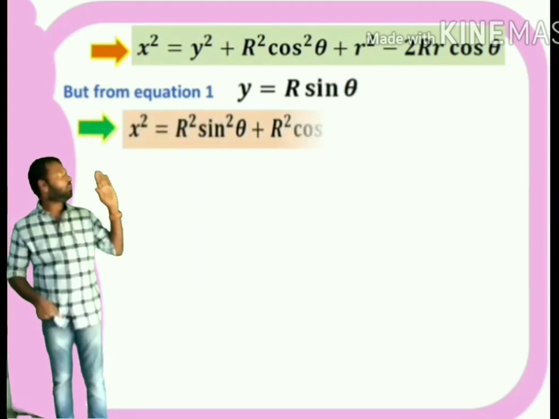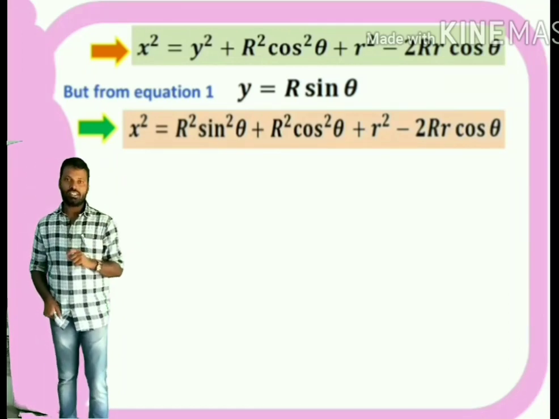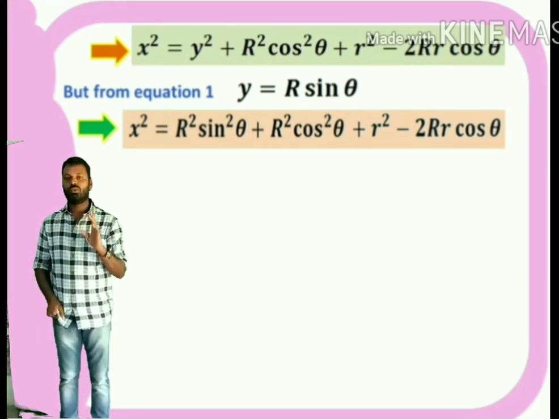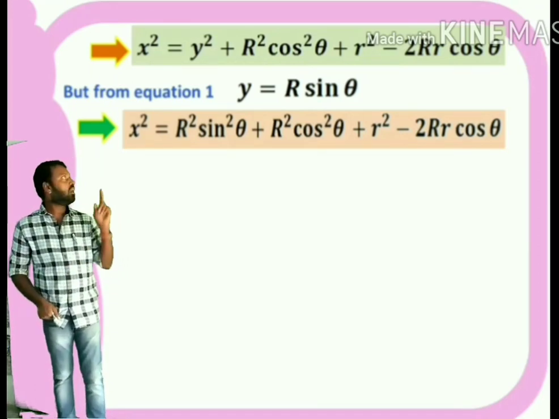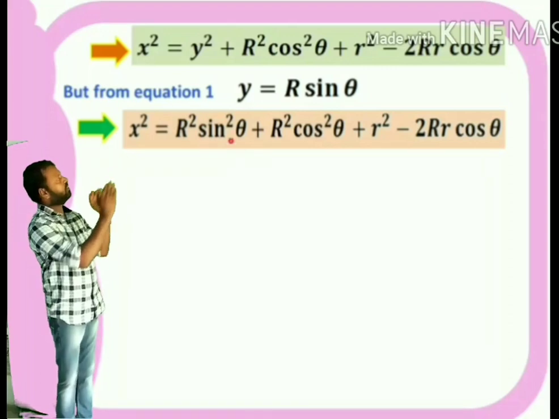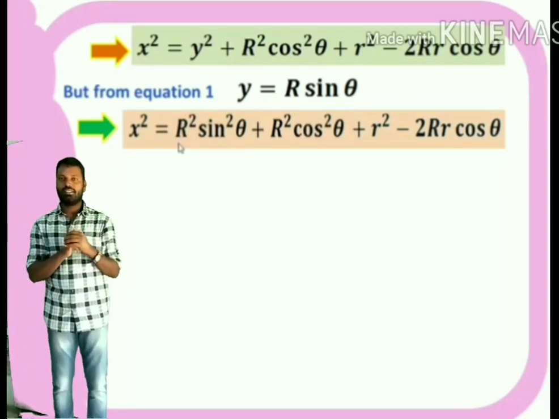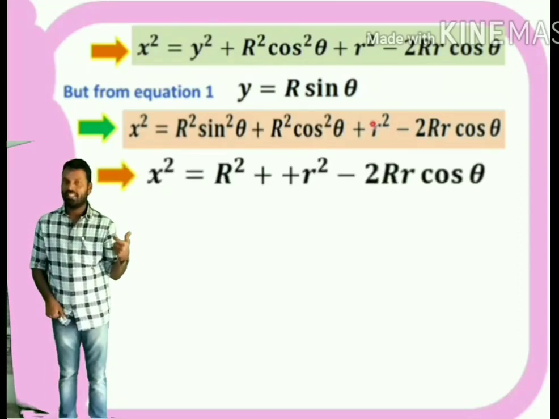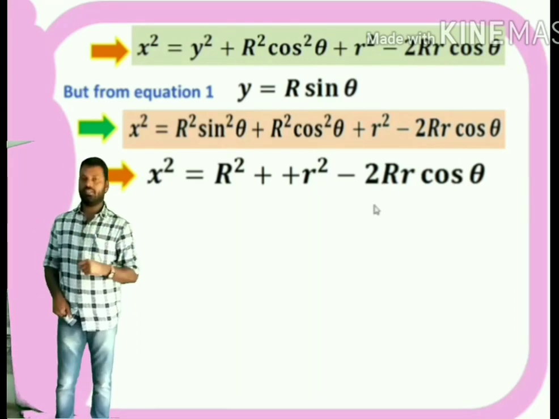X square is equal to (R sin theta) square plus R square cos square theta plus R square minus 2Rr cos theta. If you take R square common from these two, then sin square theta plus cos square theta becomes 1. So what will I get? X square is equal to R square plus small r square minus 2Rr cos theta.